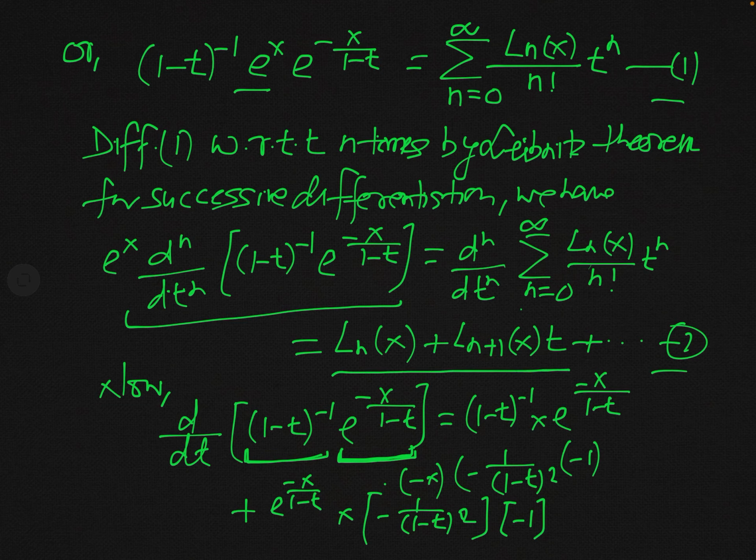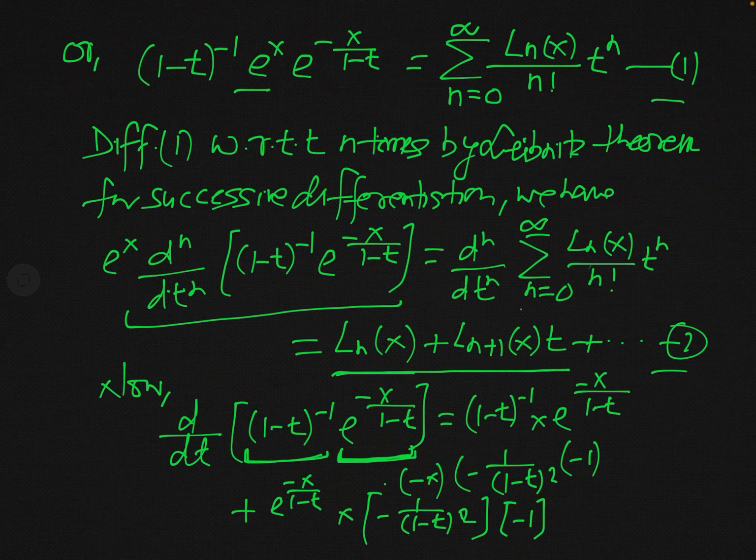When you impose the limiting condition t tends to 0, then except Ln of x, all other terms will contain t. As you can see, the n plus 1th term contains t, the n plus 2th term will contain t square, the n plus 3th term will contain t cube, and so on. So when we take t equal to 0, all these higher order terms containing Ln plus 1, Ln plus 2, Ln plus 3 will vanish.